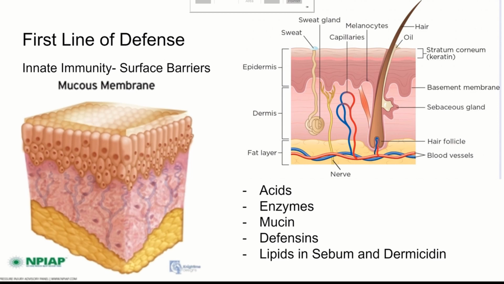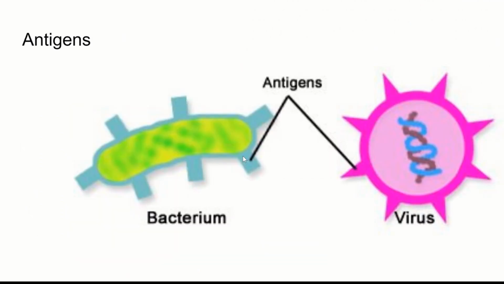And then we have the lipids in sebum and dermacidin. Those are toxic to bacteria. So that should be what you need out of the glossary. So let's move on to antigens.